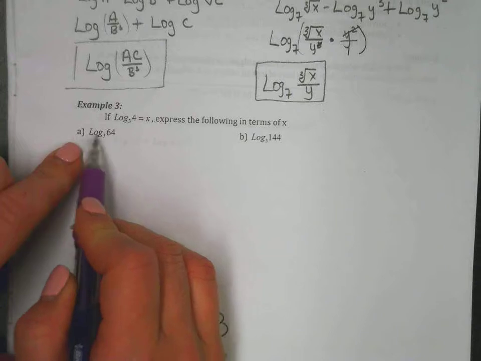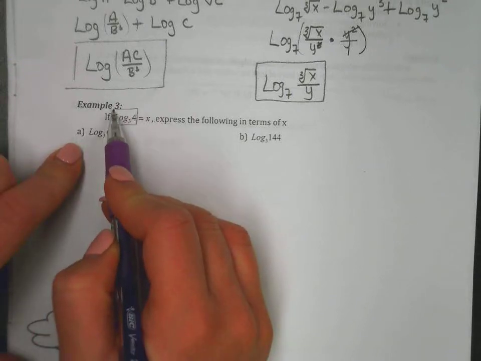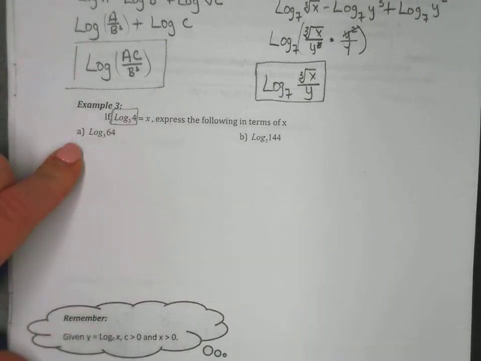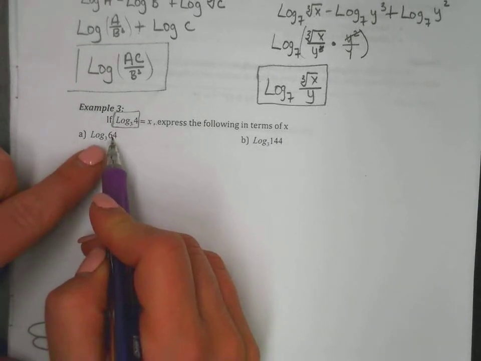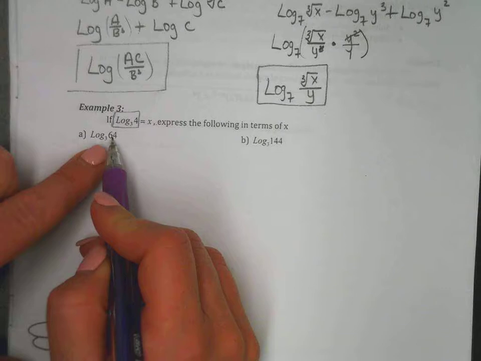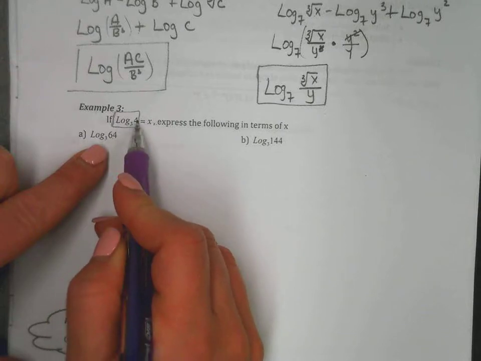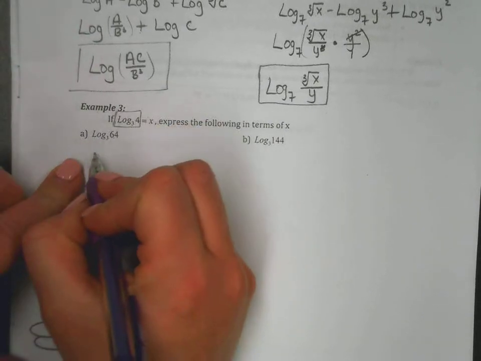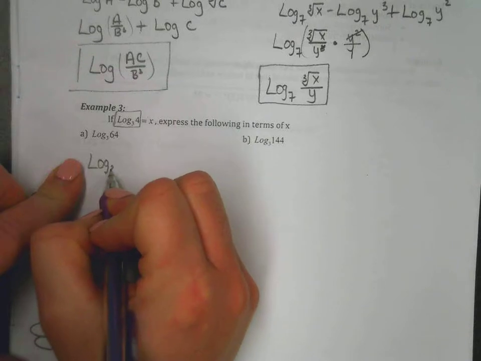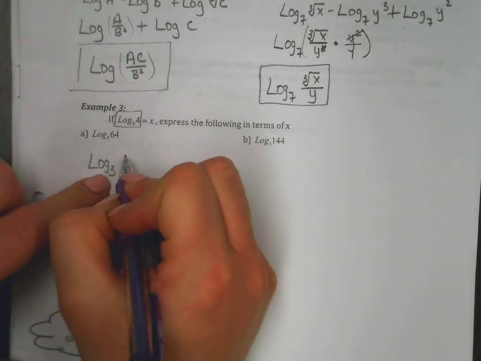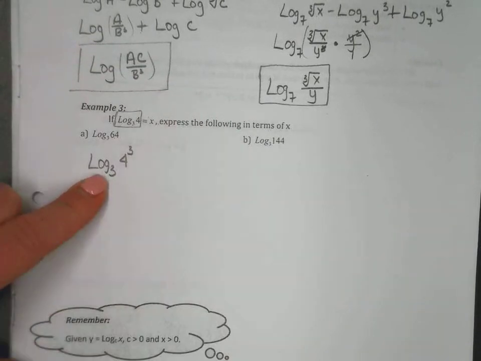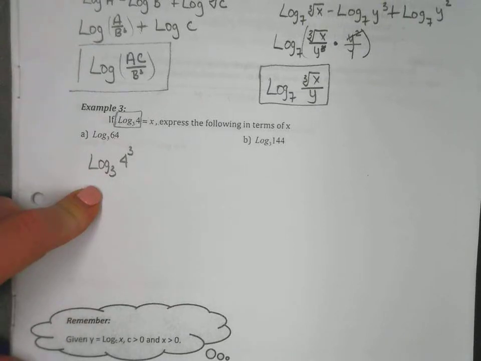So what I want to do is write this in terms of log base 3 of 4. So I'm going to rewrite 64 to a different base. So it's written as a base of 4 here. So I could rewrite this as log base 3 of, instead of 64, I'm going to write 4 cubed, which equates to 64.